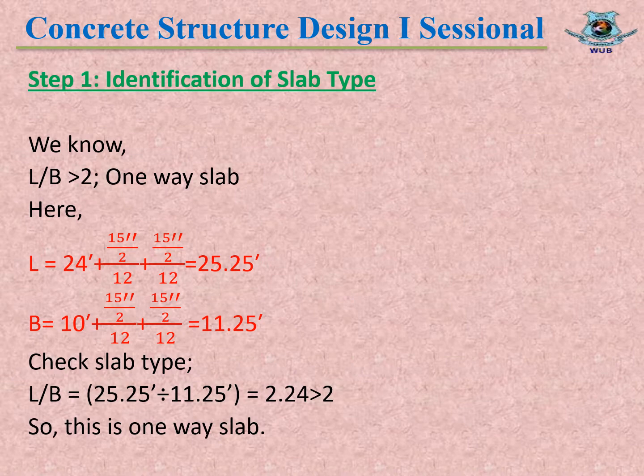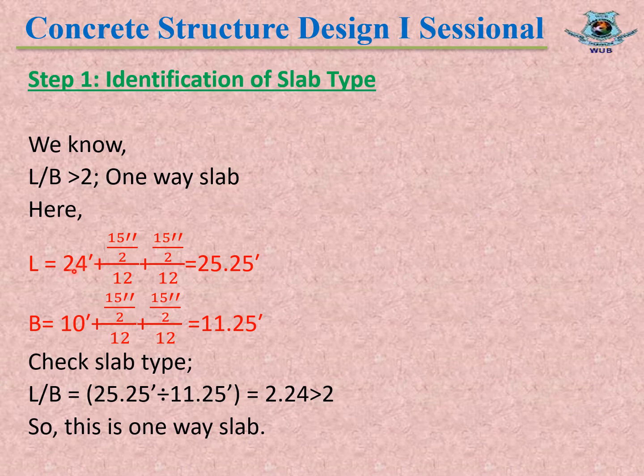Step 1. Identification of slab type. That means whether the slab is one-way or two-way. We know for one-way slab, the ratio L by B is greater than 2. Here, length equal to 25.25 feet.